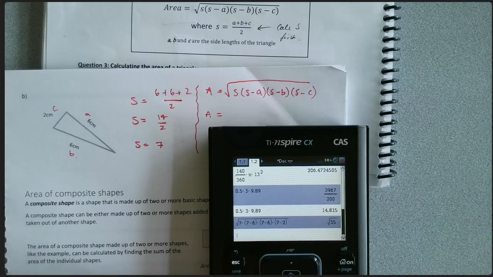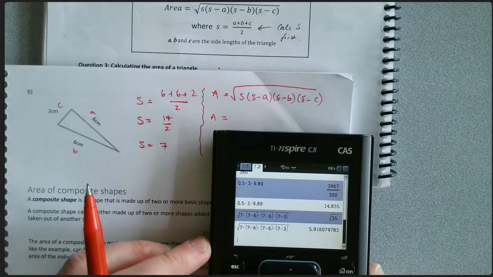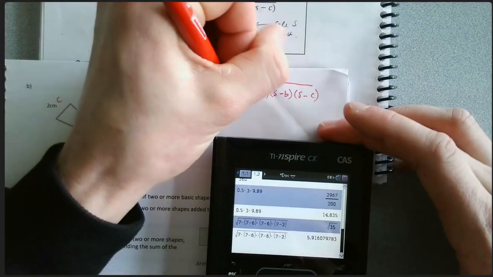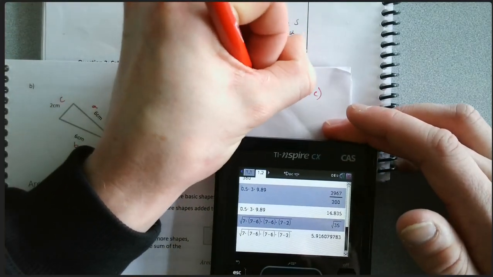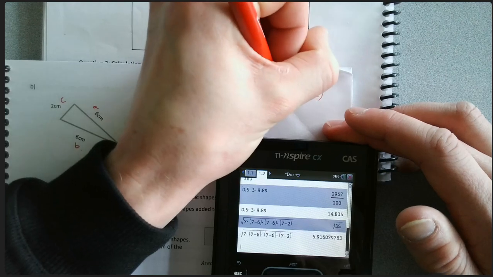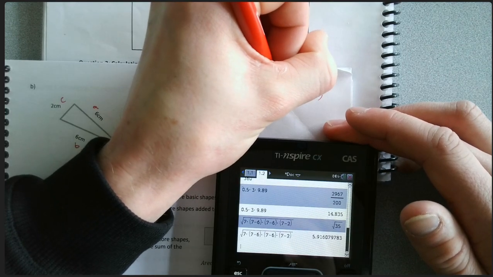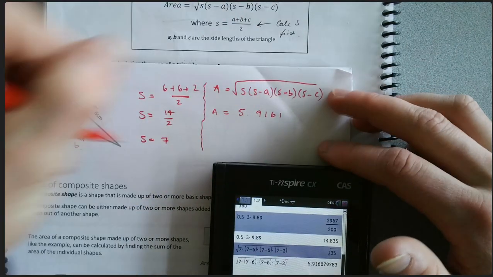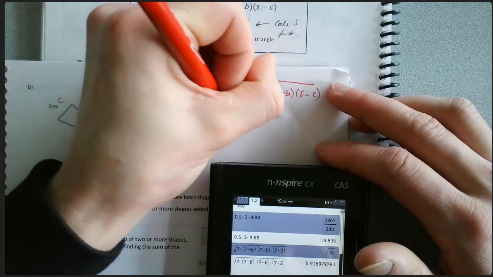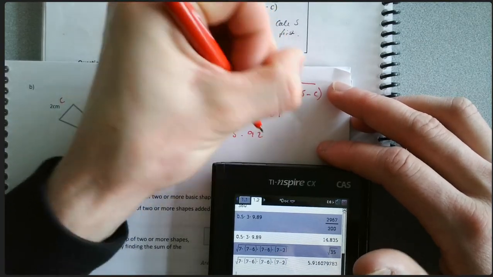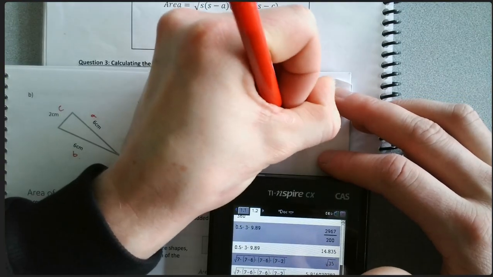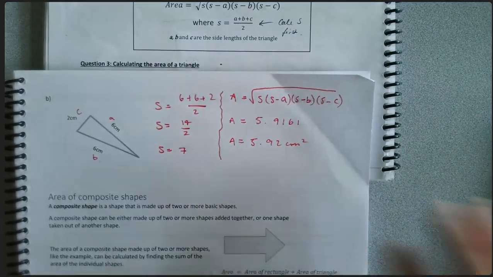Same with the square root of 35, get the approximate value, is going to give me 5.9161, and then rounded, area equals 5.92 centimeters squared. Does that make plenty of sense so far?